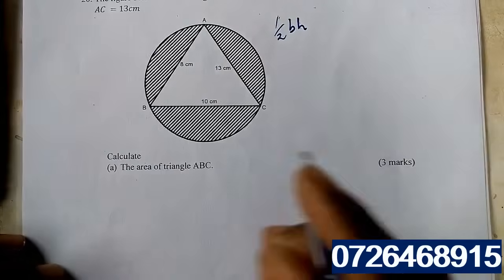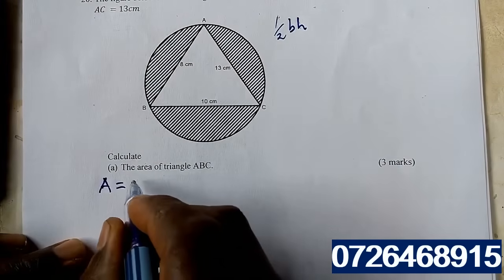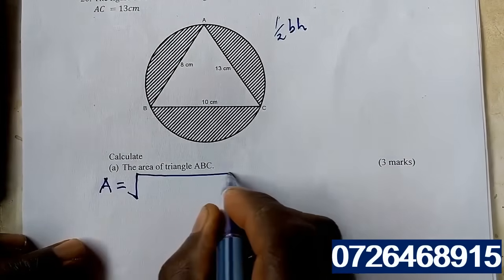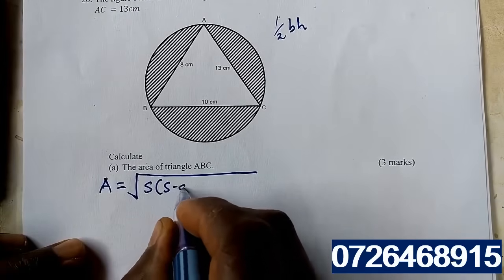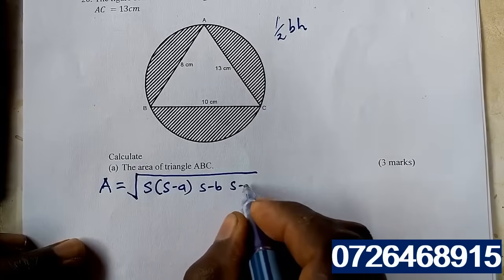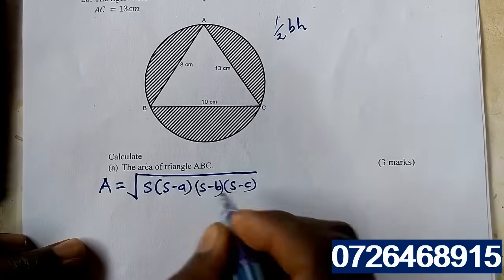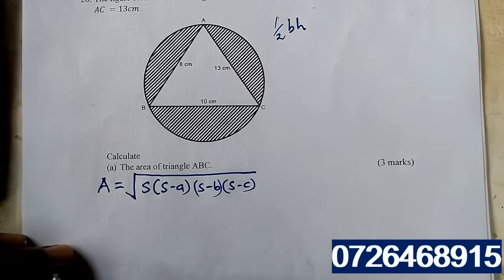And Hero's formula says that area is equal to the square root of s into s minus a, s minus b, s minus c. Right? So that's what it says. So we want to know what s is.